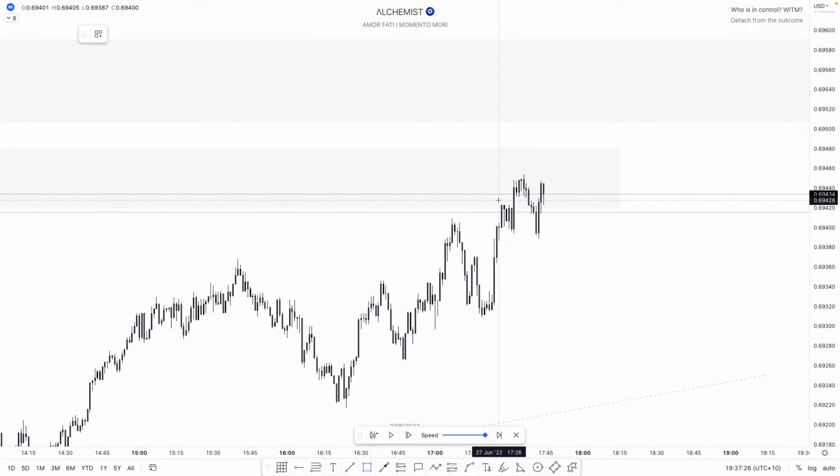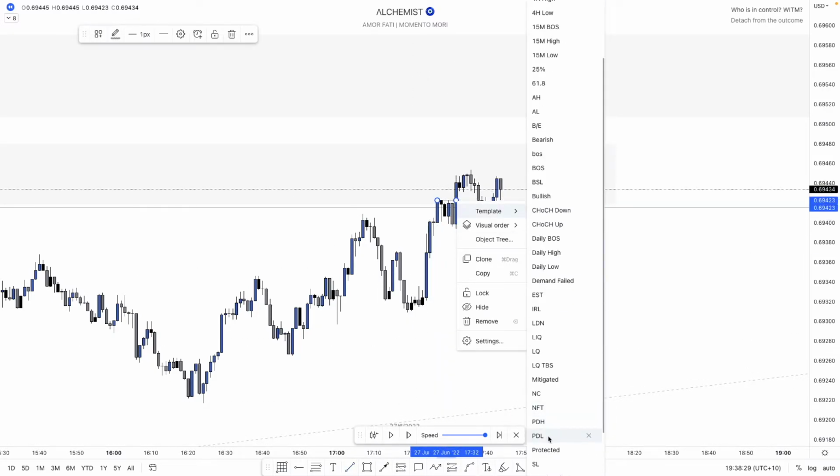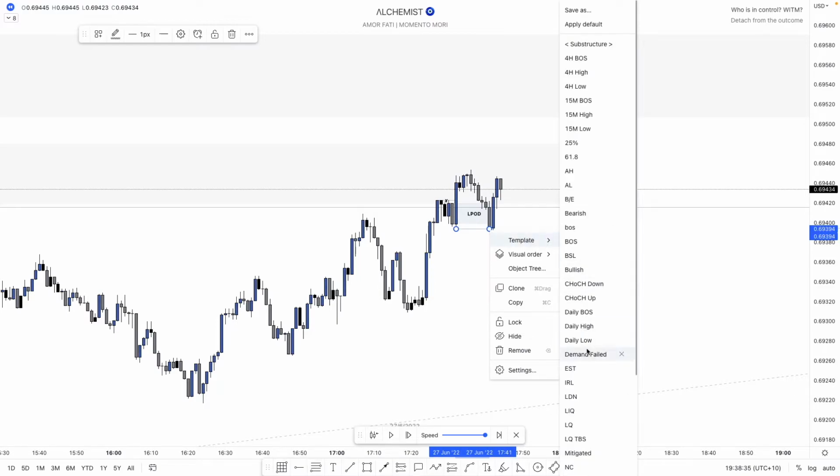So what we can see here is this was our last point of demand. And this here would be where the liquidity and the first part of the change of character would be. There's our CHOCH down.